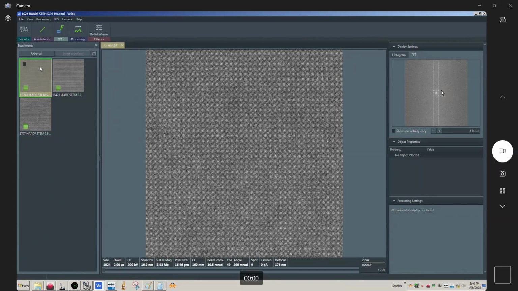So when you acquire a series, whether you're in TEM mode or STEM mode, and this is usually more of a problem in STEM mode. I've rarely seen this be a problem in TEM mode because the acquisition times per frame in TEM mode are so short that you can collect, right, 10, 20 frames in a series in like 1 to 2 seconds.